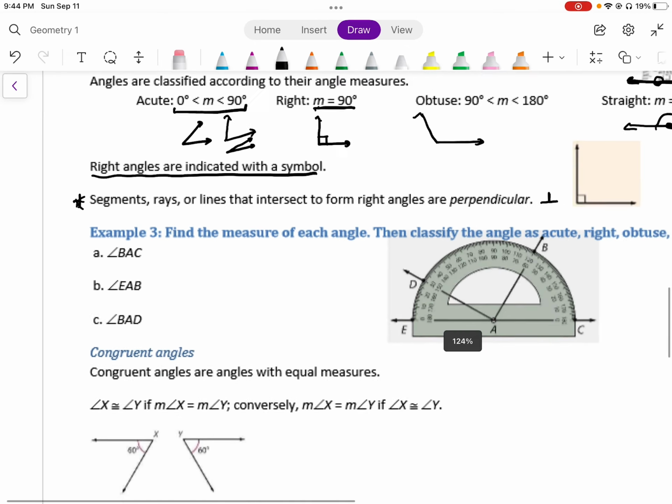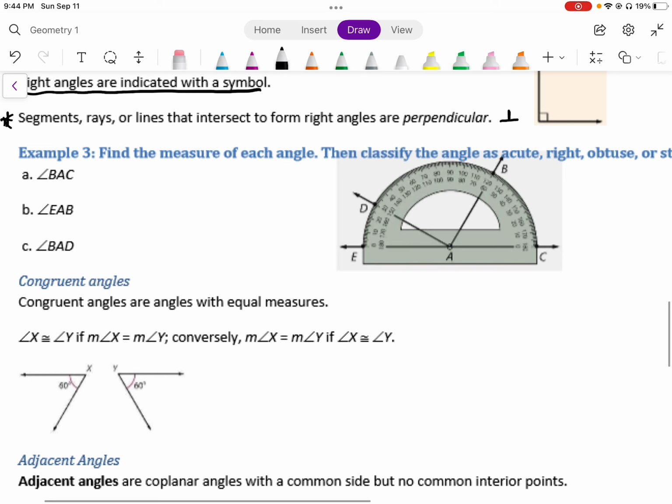All right, we're going to use this protractor here. Again, not real clear, but we're going to use this protractor here to help find some measures. So angle BAC. Right now I'll highlight it. So it's starting on this side, which means here's our 0.